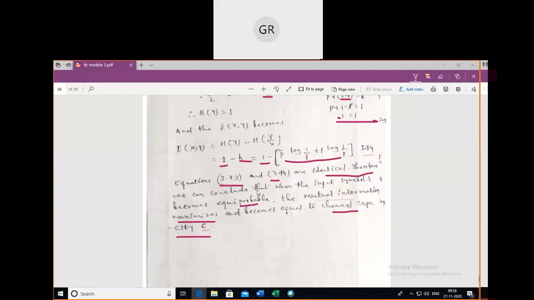Therefore, we can conclude that when the input symbols are equiprobable, mutual information, that means I of XY, equal to C. What is C here? Capacity. I of XY is mutual information.